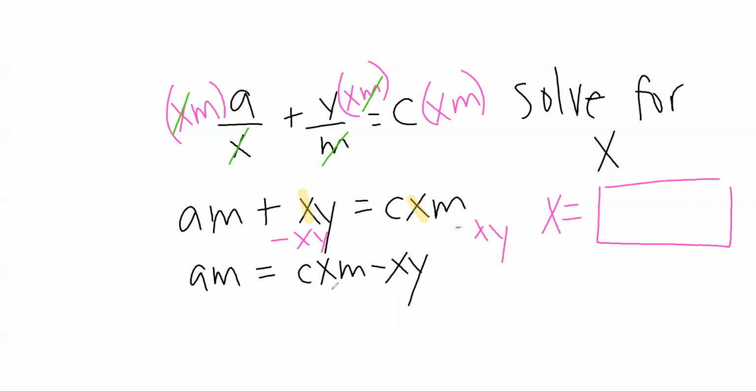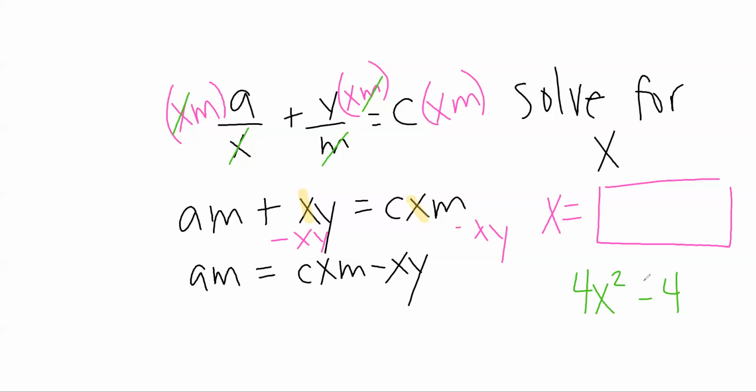When you see this, you have cxm minus xy, and what I want you to visualize is a little side teaching. Let's pretend we have 4x squared minus 4. When you see something like this, your brain realizes that you can factor, because we've been practicing factoring stuff like this since pre-algebra, 8th grade.